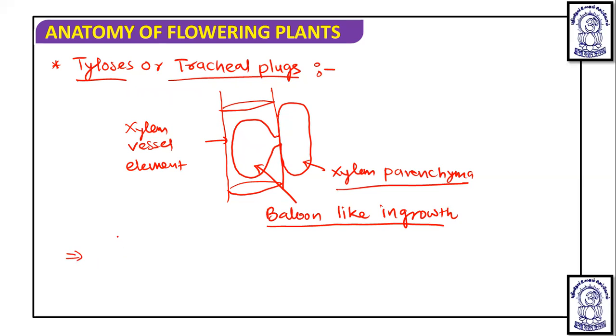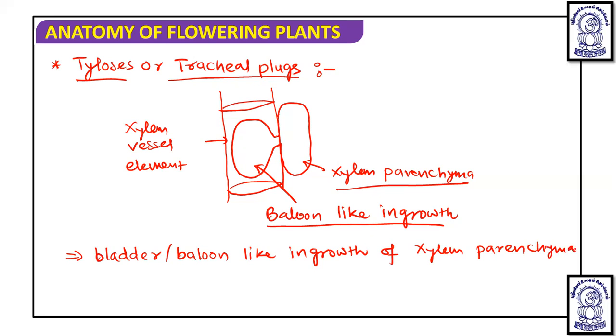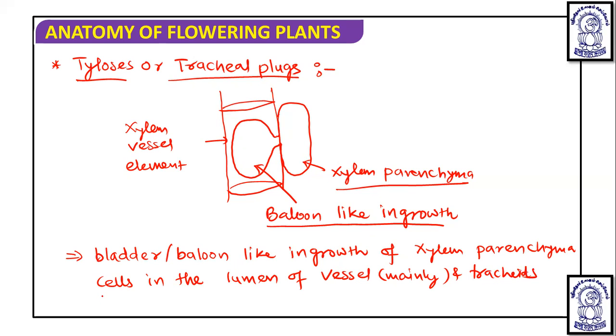So what are these tylosis or tracheal plugs? These are bladder or balloon-like ingrowths of xylem parenchyma cells in the lumen of vessels, mainly, and sometimes in the tracheids as well, through the pits.